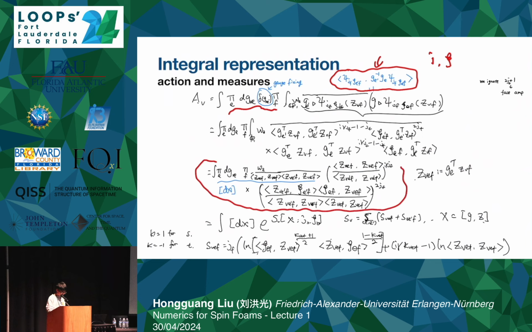So we see we have something which is the power in terms of GF, and we rewrite this part as the action, and we rewrite the remaining part as the measure. So in this way, we obtain an integral formulation, which is the measure multiplied by the exponential of the action. And the action is defined by the logarithm of this part.